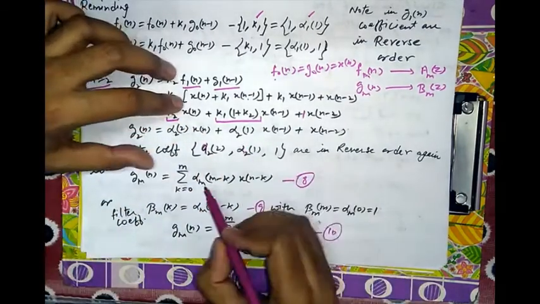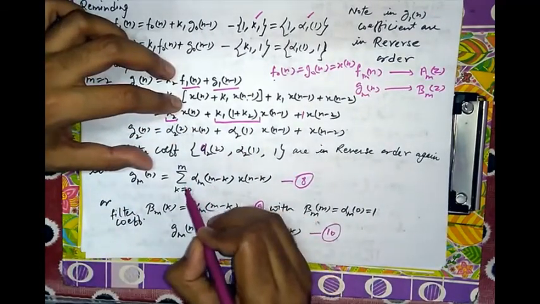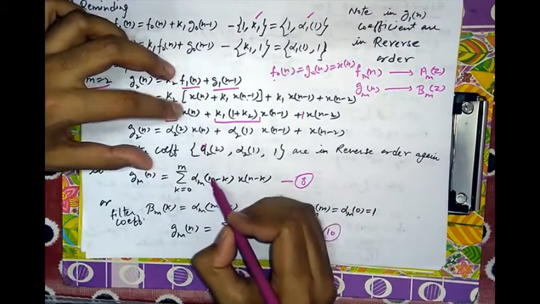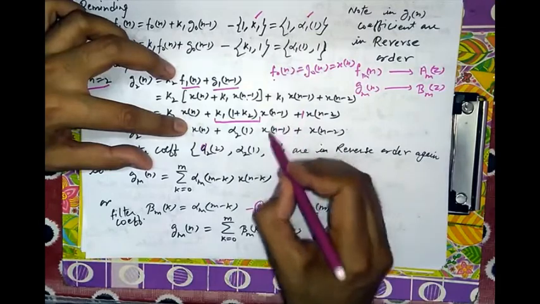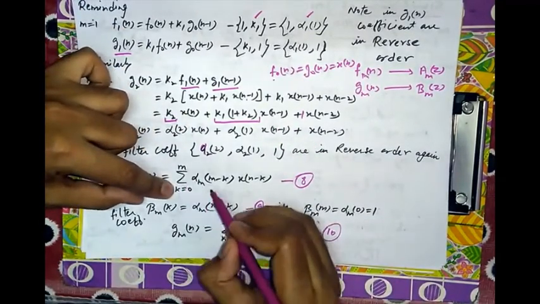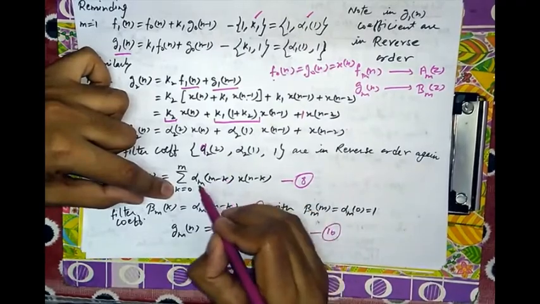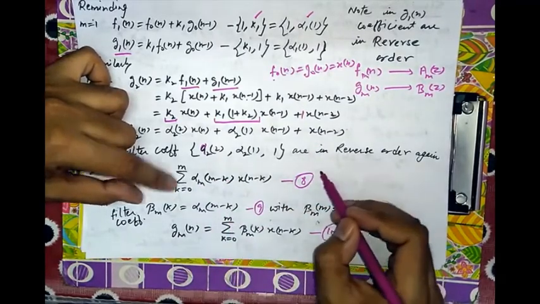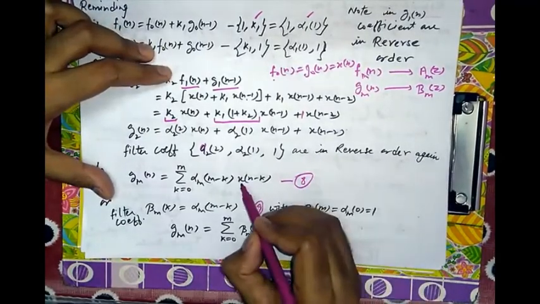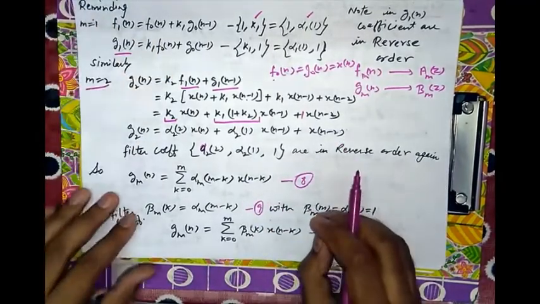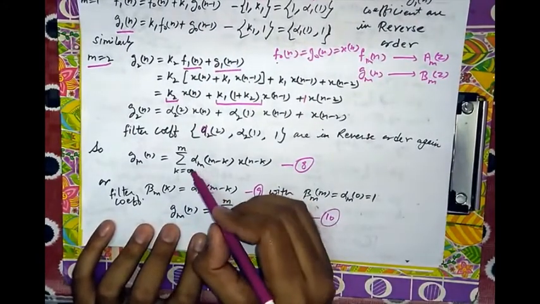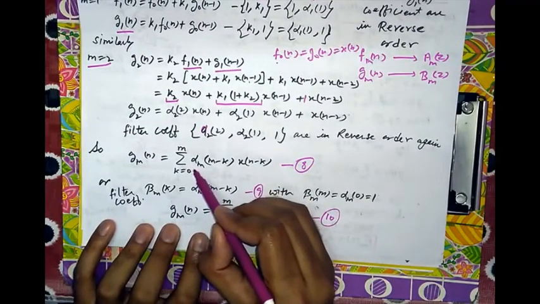Second value, k equal to 1, is alpha 2 1, xn minus 1. Third value, k equal to 2, is alpha 2 0, which is always 1, remember it, and the value is xn minus 2. So again we can see these are the reverse.